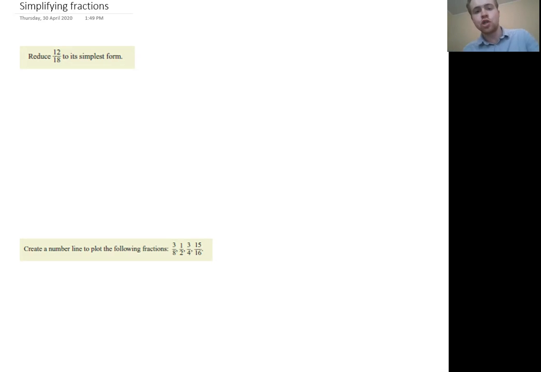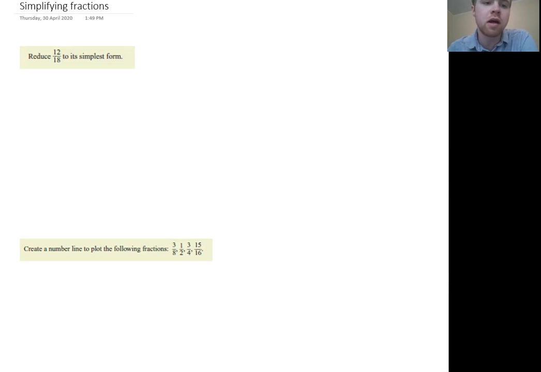Okay, so to do this, we need to first find an old friend from last term, the HCF, the highest common factor. Now remember, let's not get confused between multiples and factors. Factors are always equal to or smaller than the number itself.